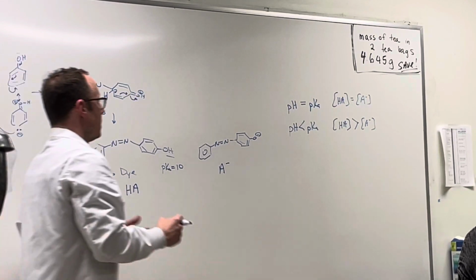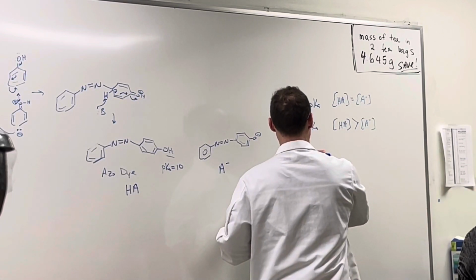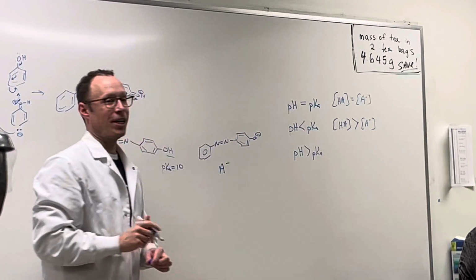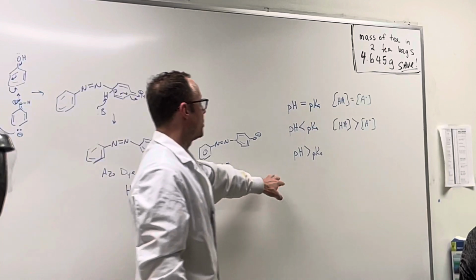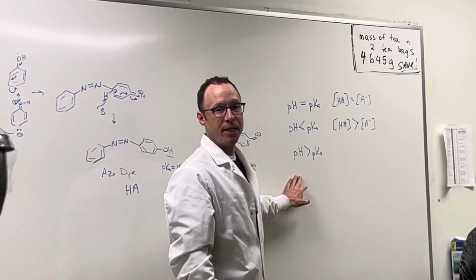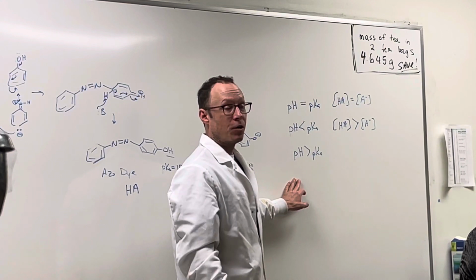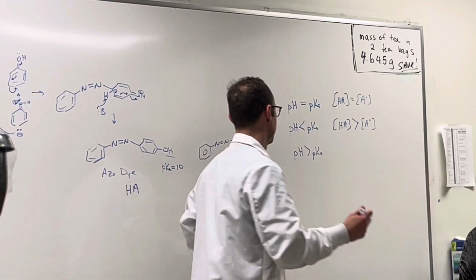Okay? The other choice would be where the pH is greater than pKa. So this is just kind of the opposite scenario. Here we're looking at a case where the pH is more basic than the pKa. Well, if it's more basic, there aren't protons. And so the deprotonated form will predominate.